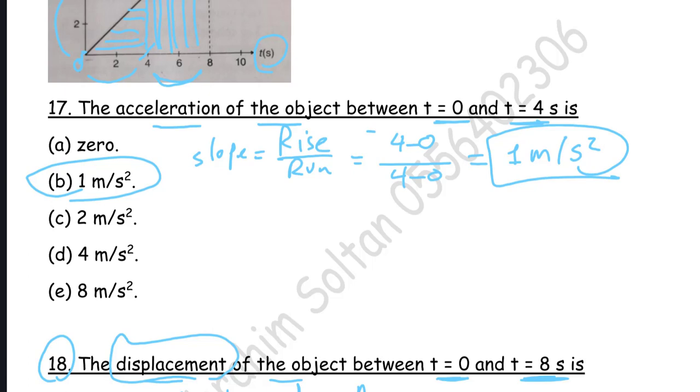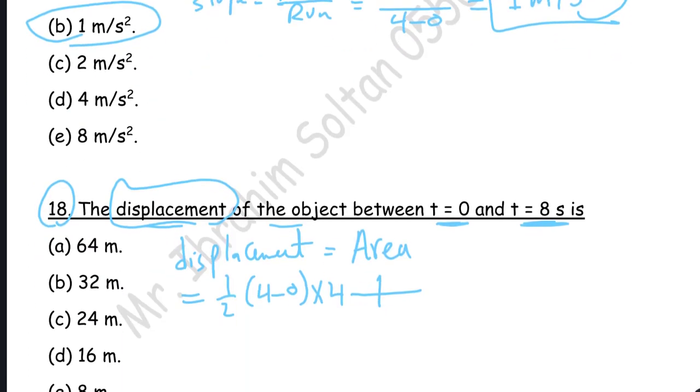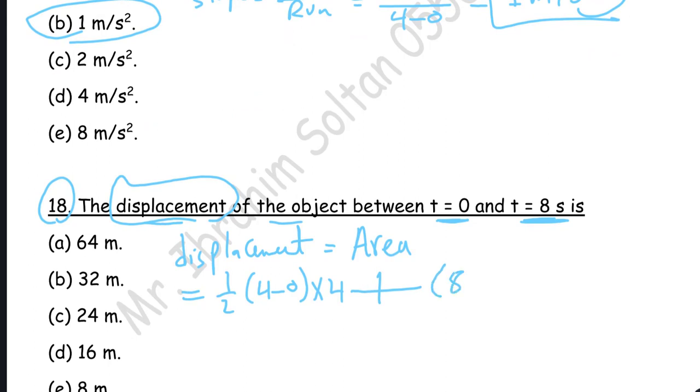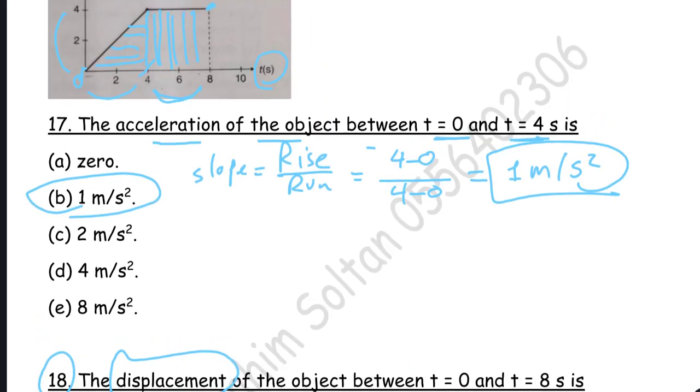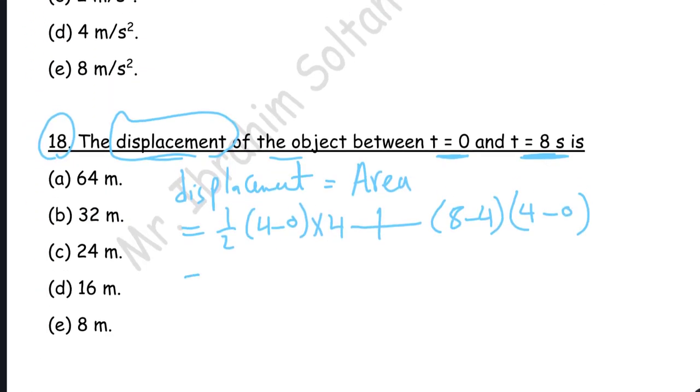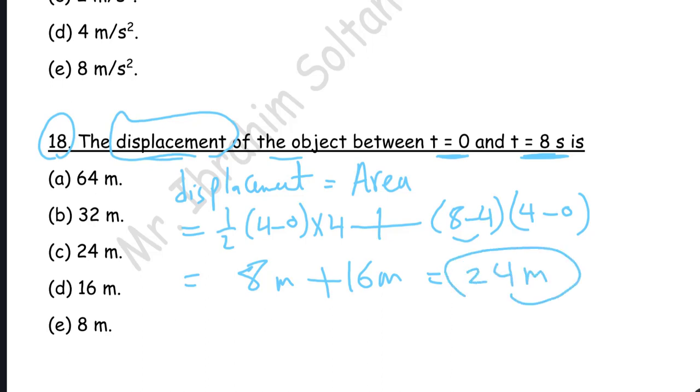So the base times the height, right? So 8 minus 4 times 4 minus 0, right? Right, guys? 4 minus 0. So here, half 4 is 2 times 4 equals 8 meter plus 4 times 4, 16 meter. So the total area is 24 meter.